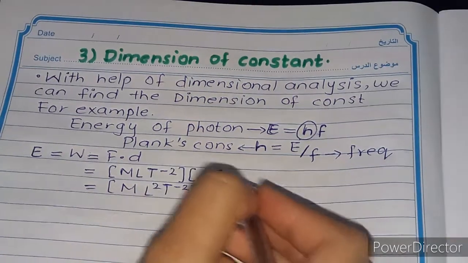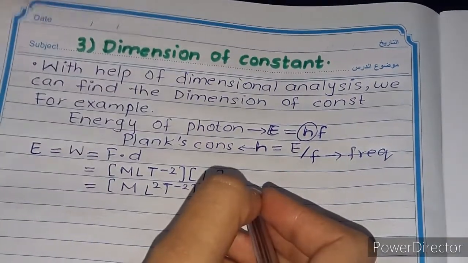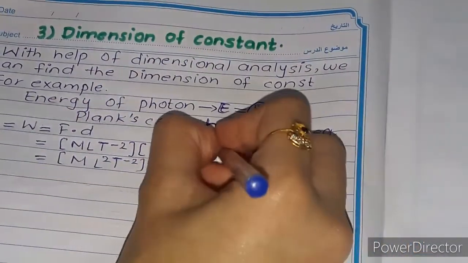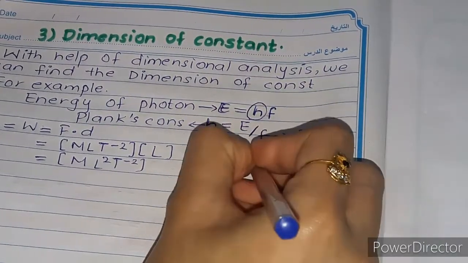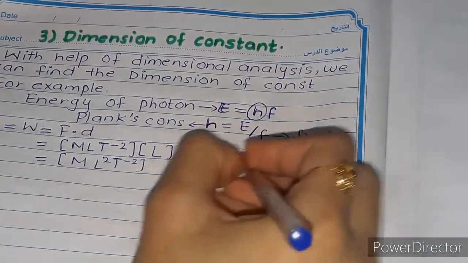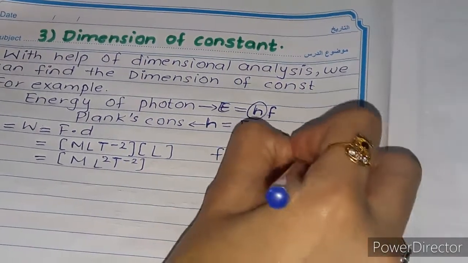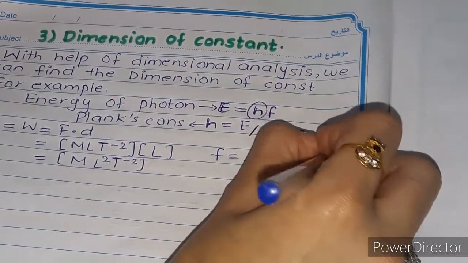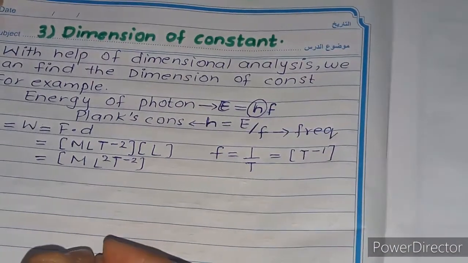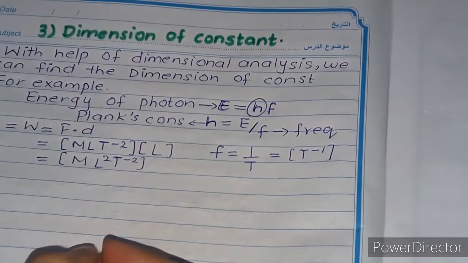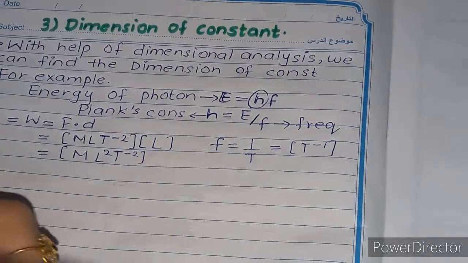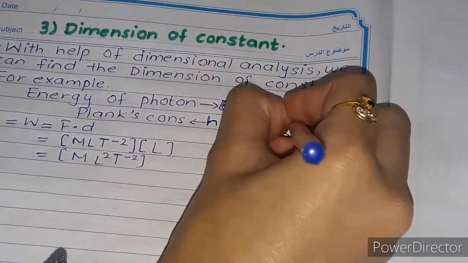Now frequency is the reciprocal of the time period, so it will be T minus 1. Name this equation as 1.